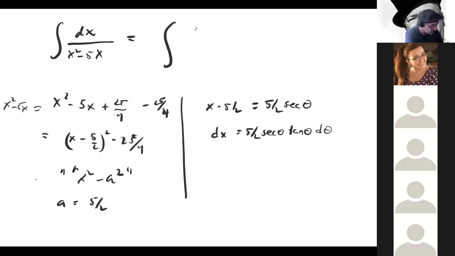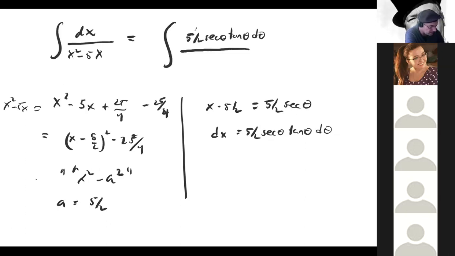Well, let's see what it is. Let me first substitute the numerator in. So it's 5 halves secant theta tangent theta d theta.